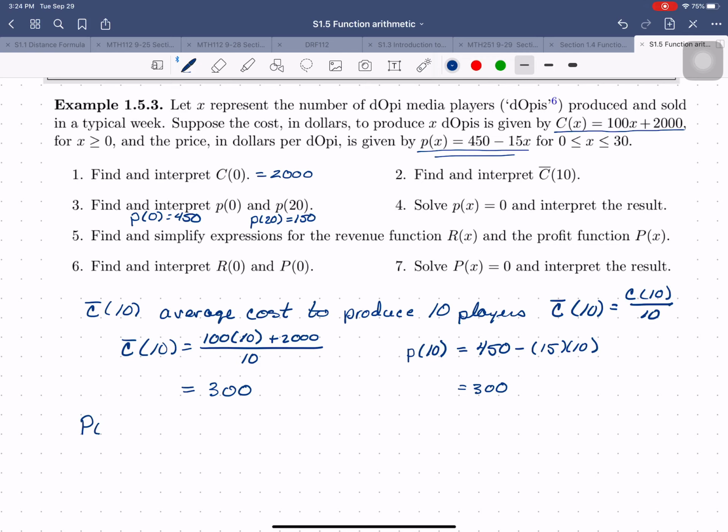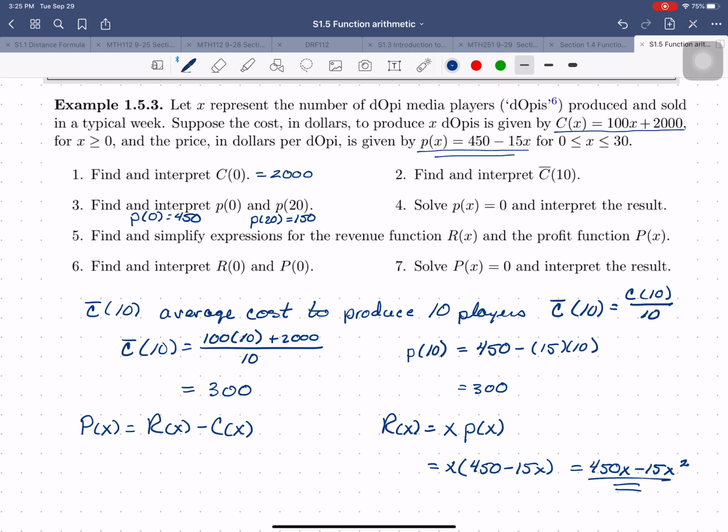The profit function, remember, is the revenue function minus the cost function. We haven't found the revenue function yet, so let's do that. The revenue function is the number of items sold multiplied by the price that we're going to charge for each item. So that is X times 450 minus 15x, which is 450x minus 15x squared. This is the revenue function.